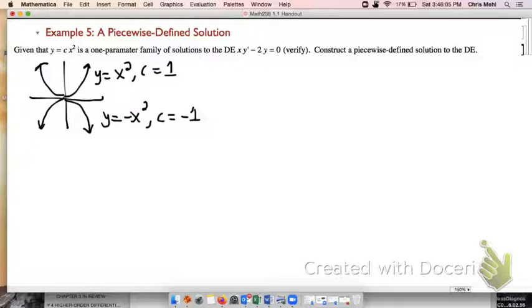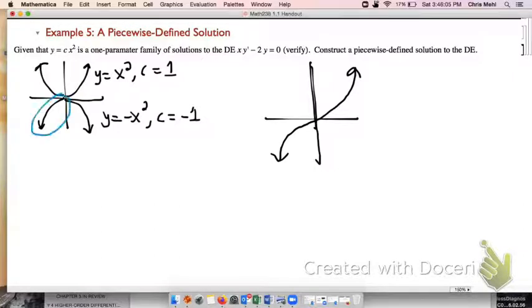They both solve the differential equation, but what I'm actually going to do is some cutting and pasting. And this is really interesting: you can create new solutions. Actually, there's a couple of them I could create. Notice I can take pieces of different solutions and glue them together.